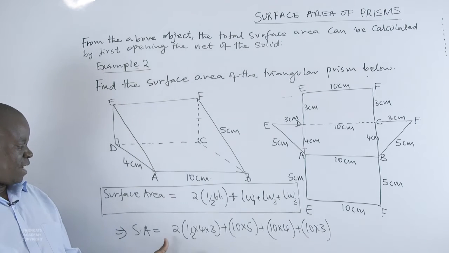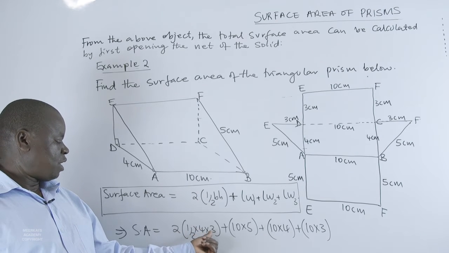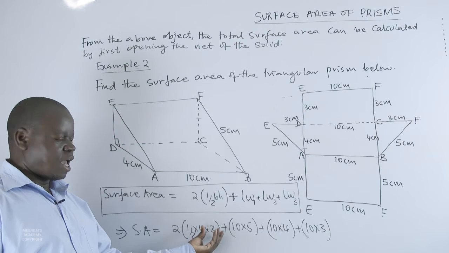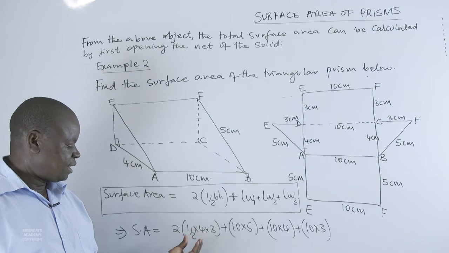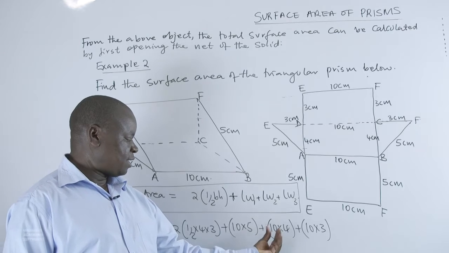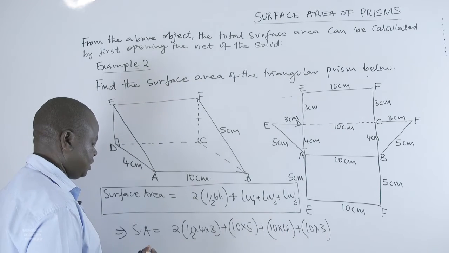So you can see, class, that we have 2 into a half times 4 times 3, which is the area of the triangular faces, plus 10 times 5, plus 10 times 4, plus 10 times 3. So let's simplify and see what we get.